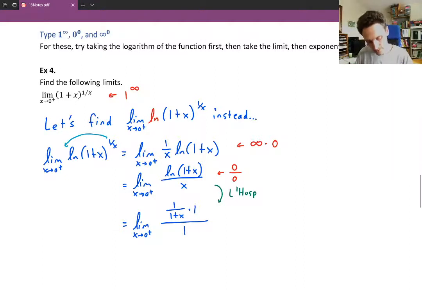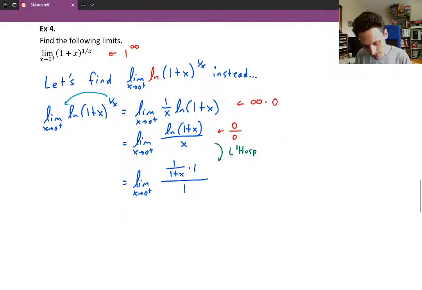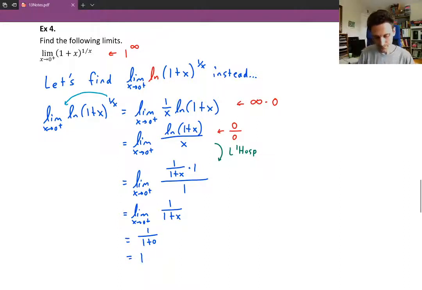So now at this point, we can rewrite this in a simplified form. You end up with 1 over 1 plus x. And then you can plug in x equals 0, and you get 1 over 1 plus 0, which is 1.